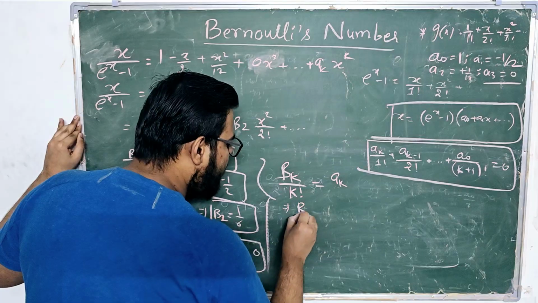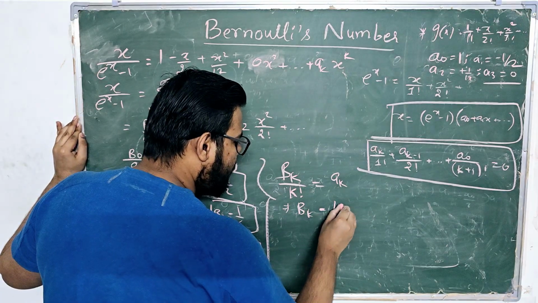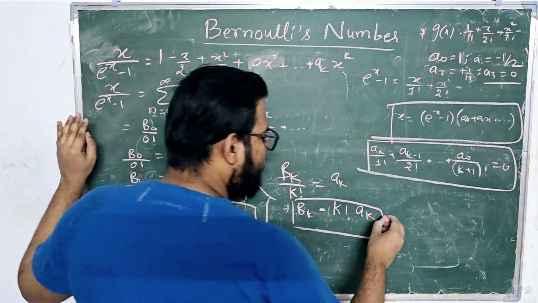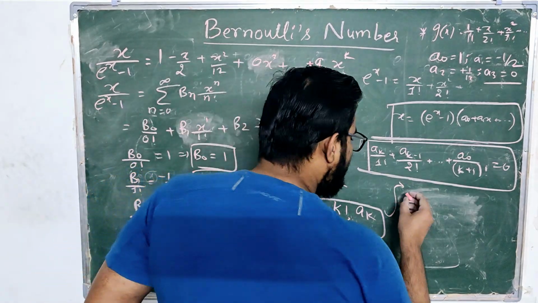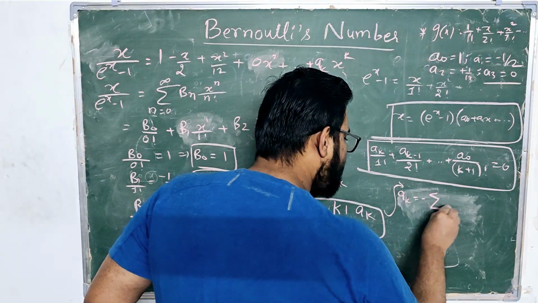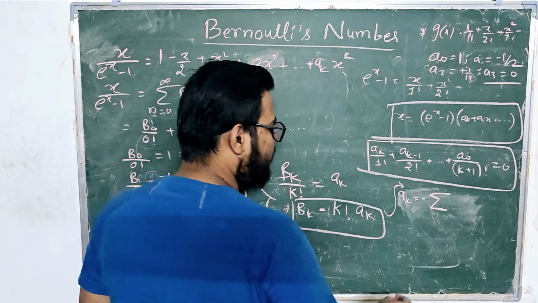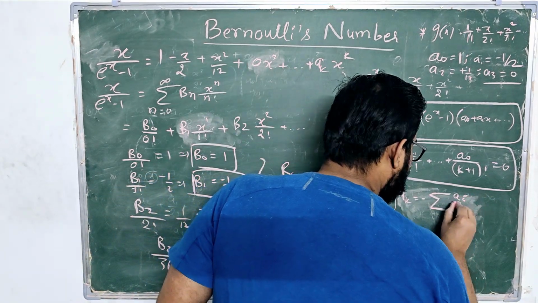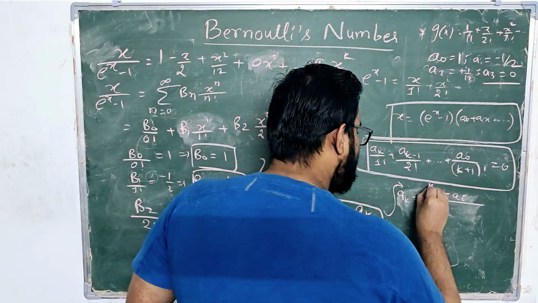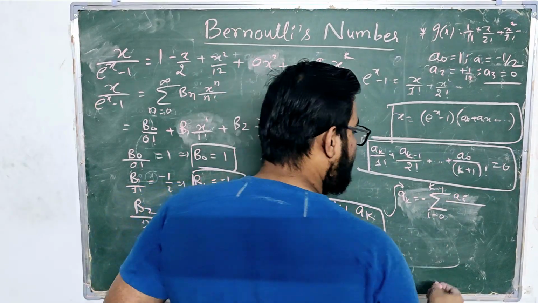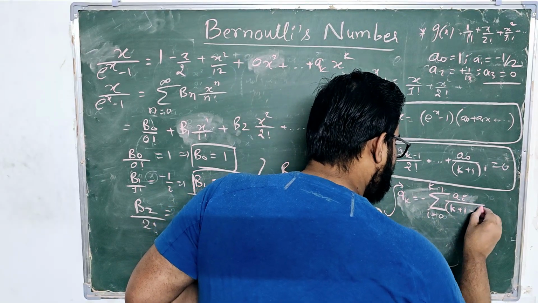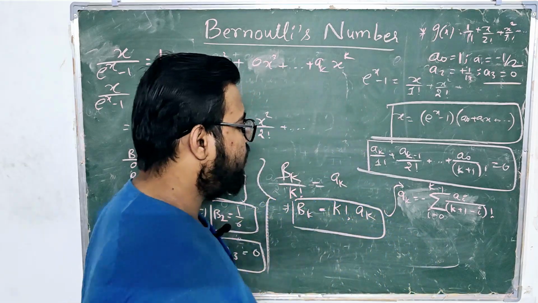So we will have bk is k factorial times ak, where ak is negative the summation from, now this is a tricky part, ai divided by, i going from 0 to k minus 1. So now we have to be careful over here. So it will be going from k plus 1 minus i factorial. This will be the function.